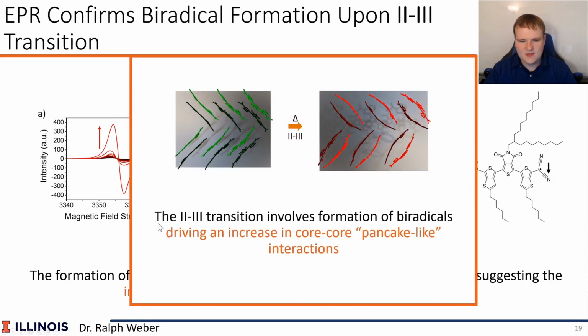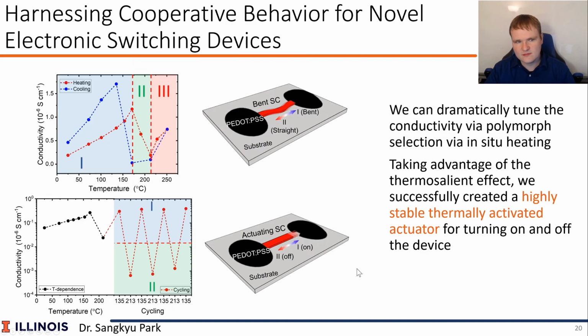And so we suggest the 2 to 3 transition involves formation of biradicals, which is driving the increase in core-core pancake-like interactions. And finally, we were able to harness cooperative behavior for novel electronic switching devices. First, we were able to create 2 terminal devices using single crystals, where we used PEDOT:PSS to attach the crystal at both ends.